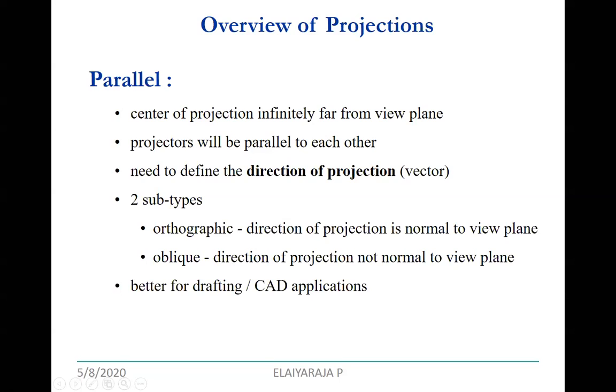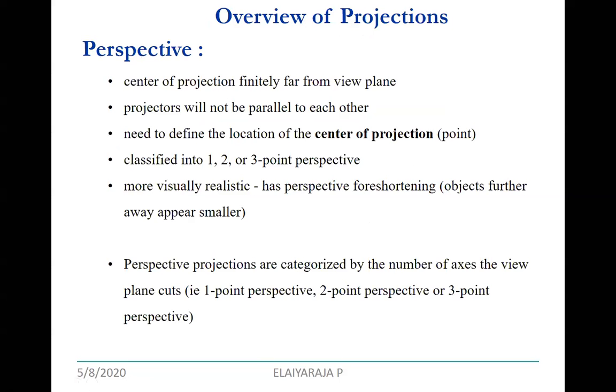With respect to perspective projection, the center of projection is a finite distance from the view plane. So projectors will not be parallel to each other. We need to define the location of the center of projection.